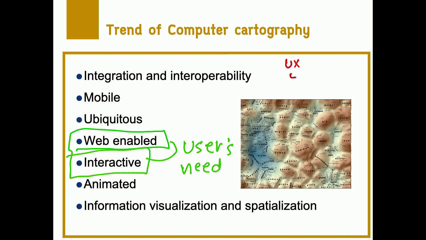For example, they need navigation, right? Or they need to see only the mapping, or they want to search the data, or any other problem that they have when they look at our map.